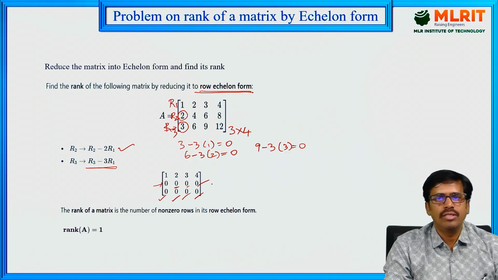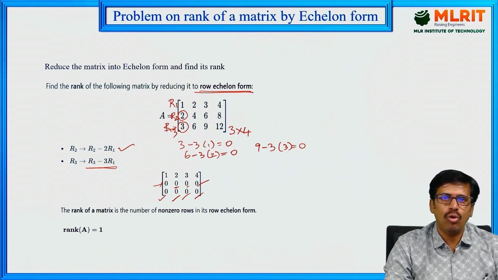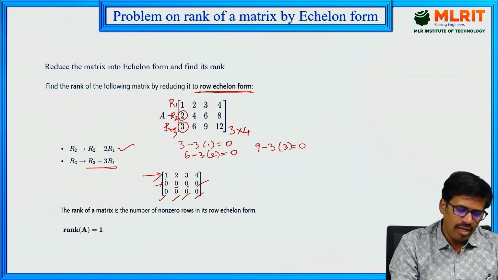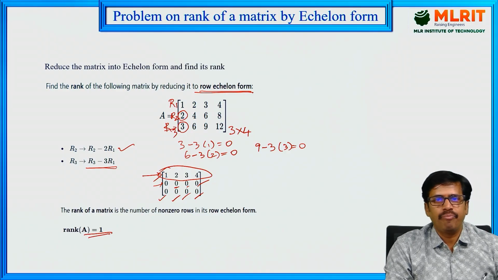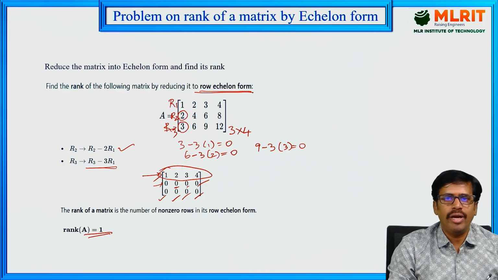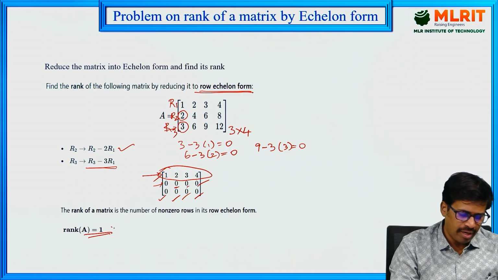So we got the second row and third row completely zeros. So how many non-zero rows do we have? Only the first non-zero row. So the rank of the matrix is 1. According to the row reduced echelon form, the number of non-zero rows defines the rank of the matrix. So here the rank of the given matrix is 1.